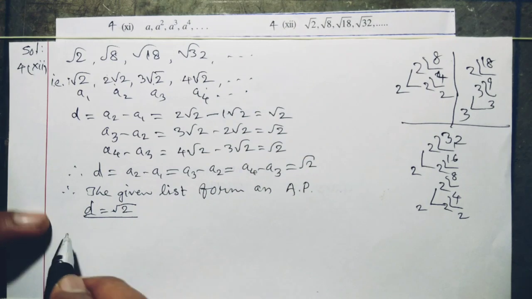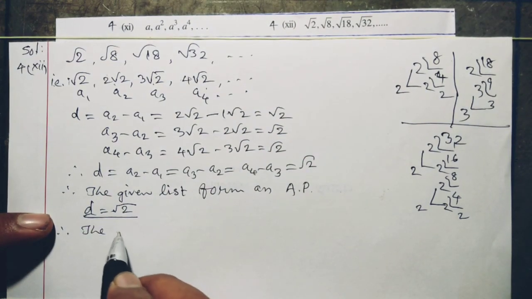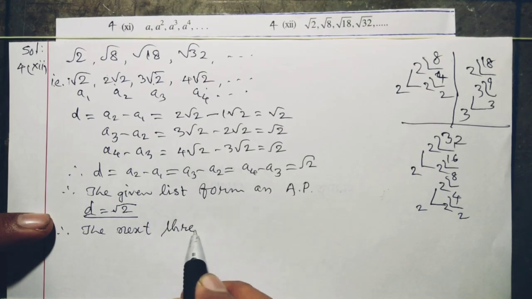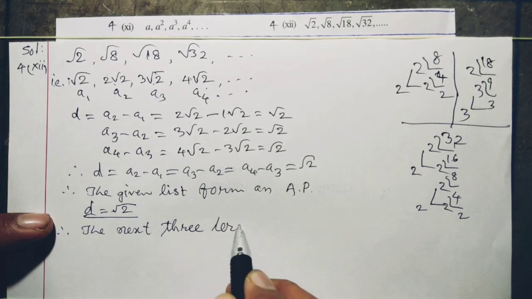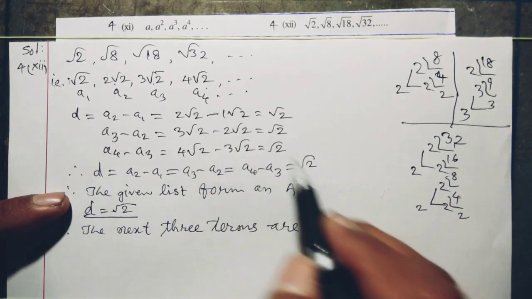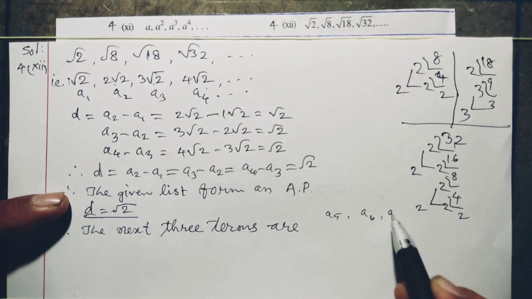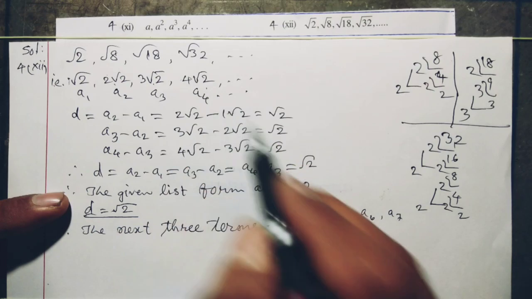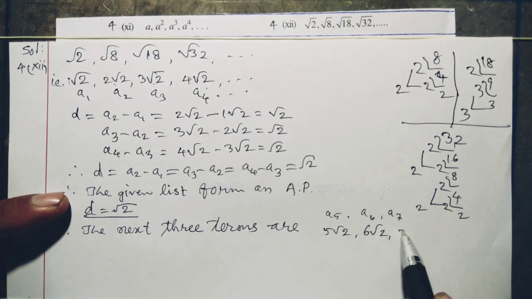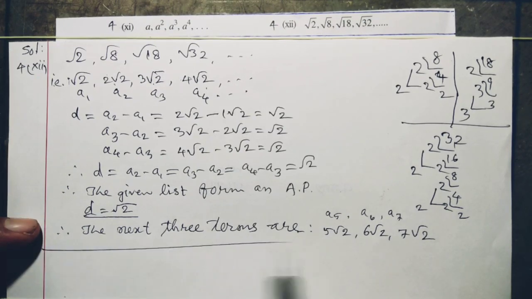Therefore, the next three terms, we have to write a5, a6, a7: 5 root 2, 6 root 2, 7 root 2. These are the next three terms.